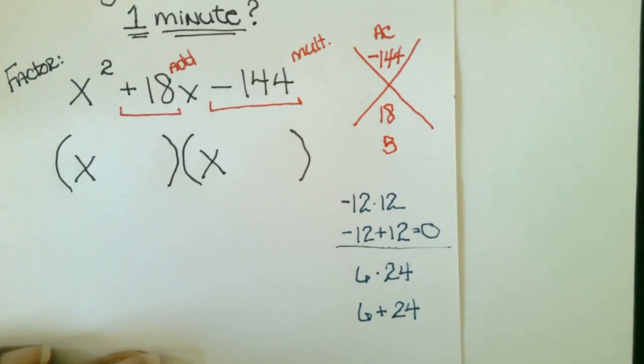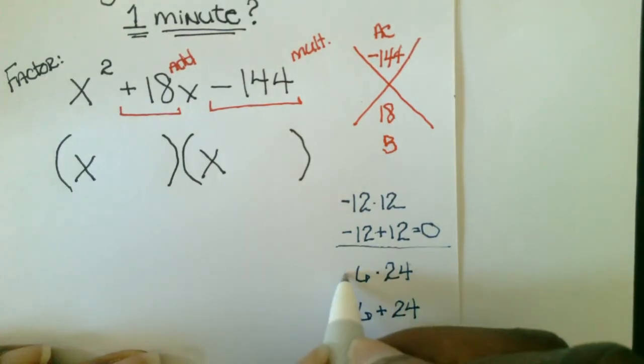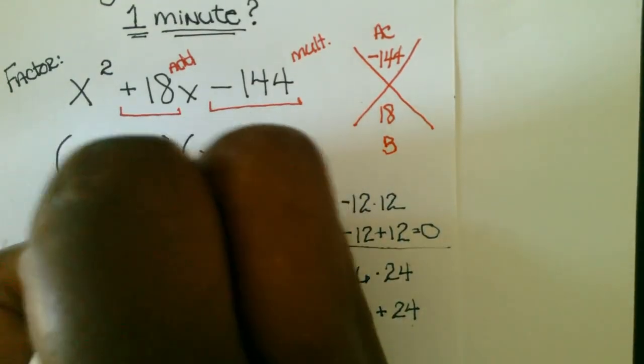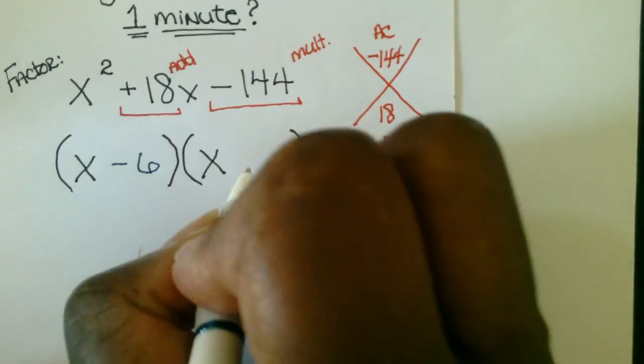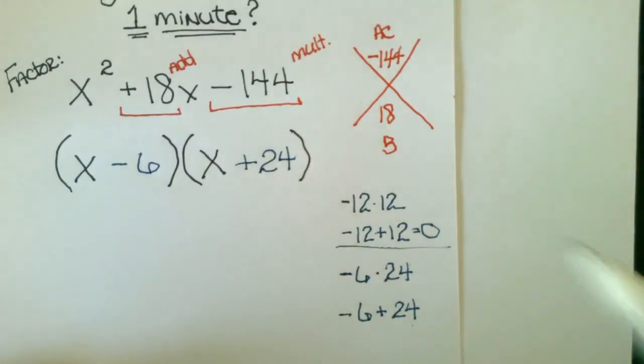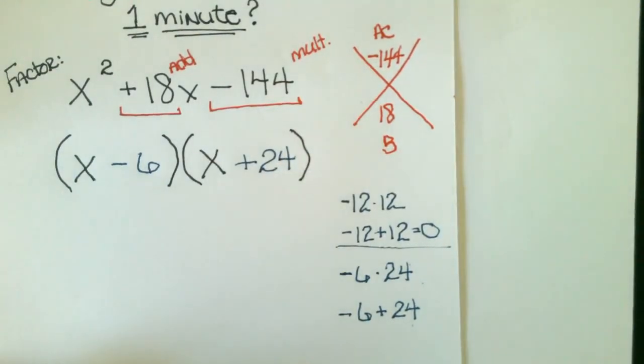My 6 is going to be the negative one, because if I take my 24 and subtract 6, I get my 18. So we can have our negative 6 here and our positive 24 here. Knowing those multiplication facts really helps us out.